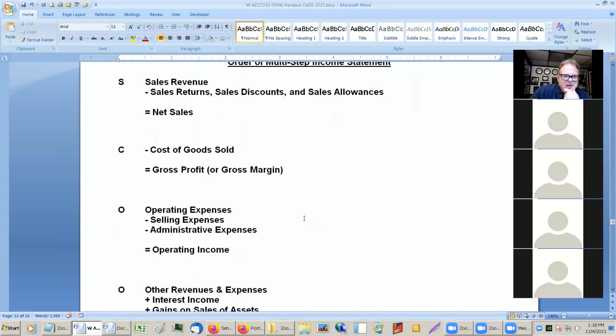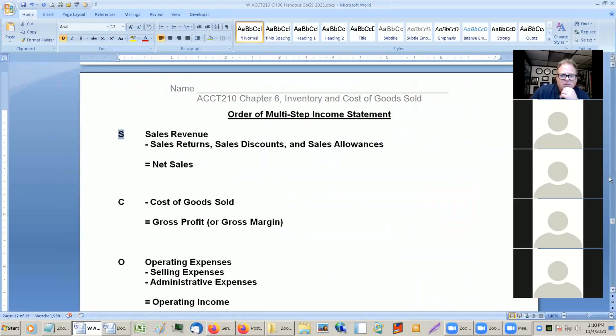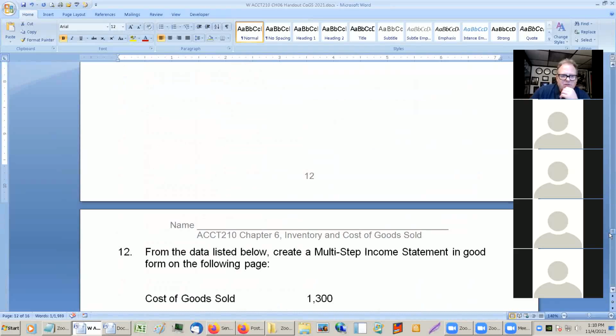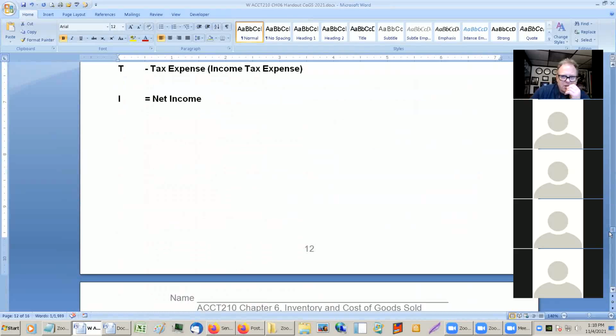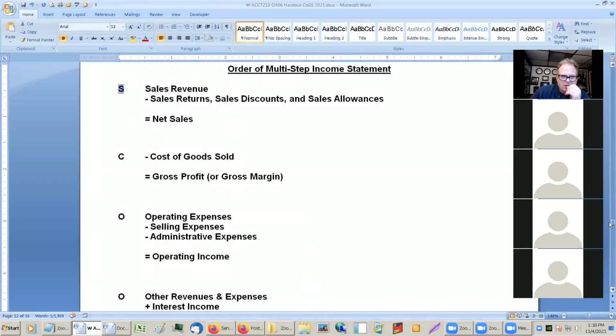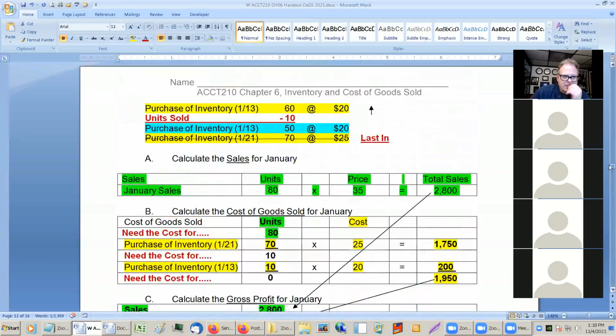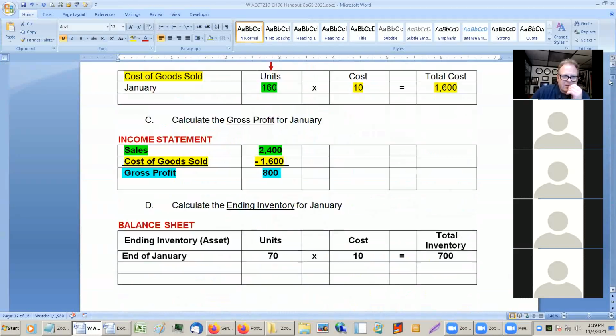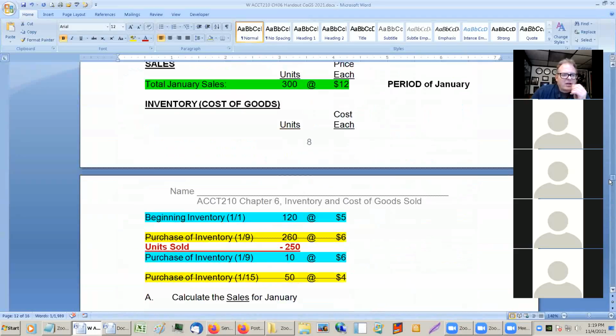And we remember the order of it by SCOOT. This is on page, I don't know if my pages are the same as yours. Is this on your page 12? Or is it on page 11? 11. It's on 11. Okay, so page 11.